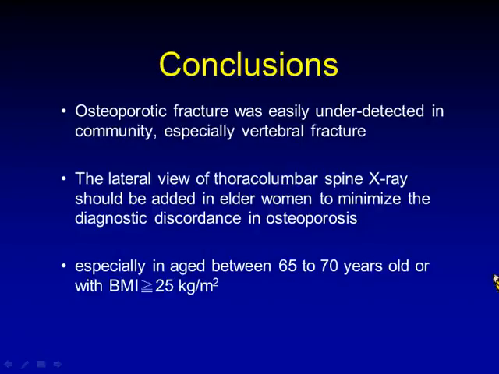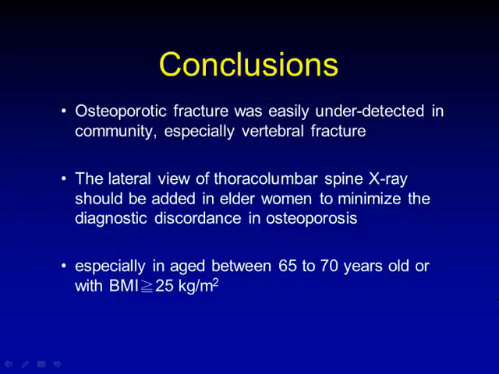Using a logistic regression model with adjustment for age, BMI, hip fracture history of parents, use of steroid, and secondary osteoporosis, age was negatively associated with diagnostic discordance, while BMI was positively associated with diagnostic discordance.